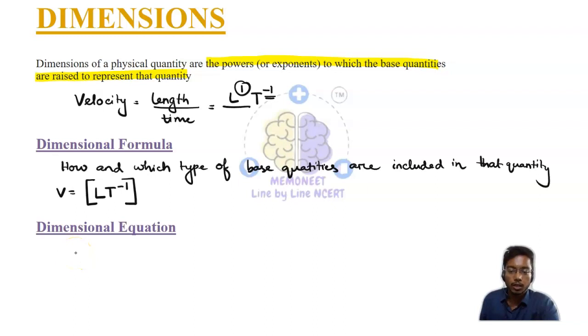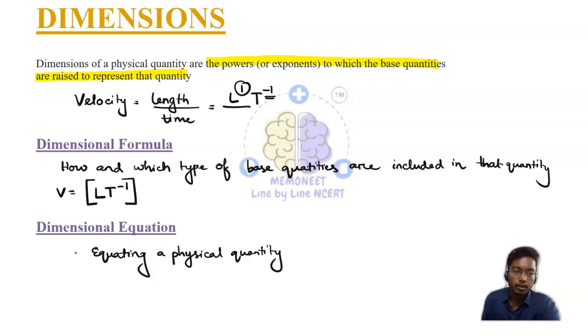Dimensional equation, what is it? It is the equation obtained by equating a physical quantity with its dimensional formula. Let's say we have force here.